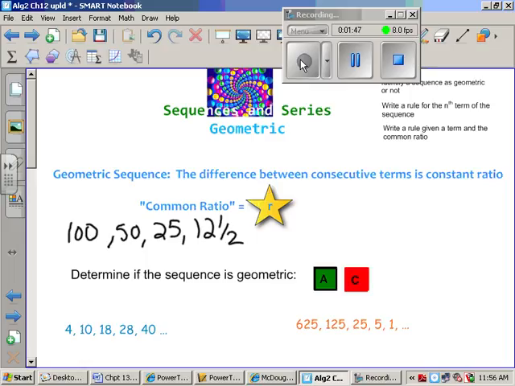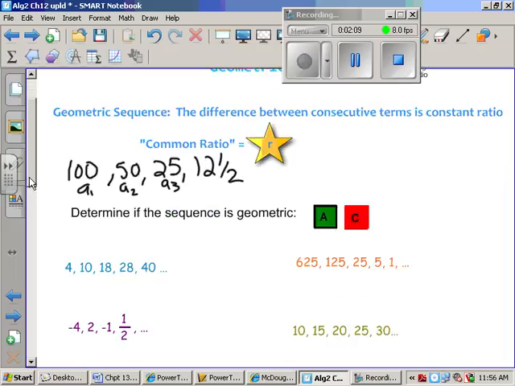If that ratio isn't easy, like sometimes the ratio is 7/9 and it's hard to tell, what you do to get the ratio is, you know how this is a sub 1, a sub 2, a sub 3. To get the ratio from here to here, it would be a sub 2 over a sub 1, which is 50 over 100, or 1/2.